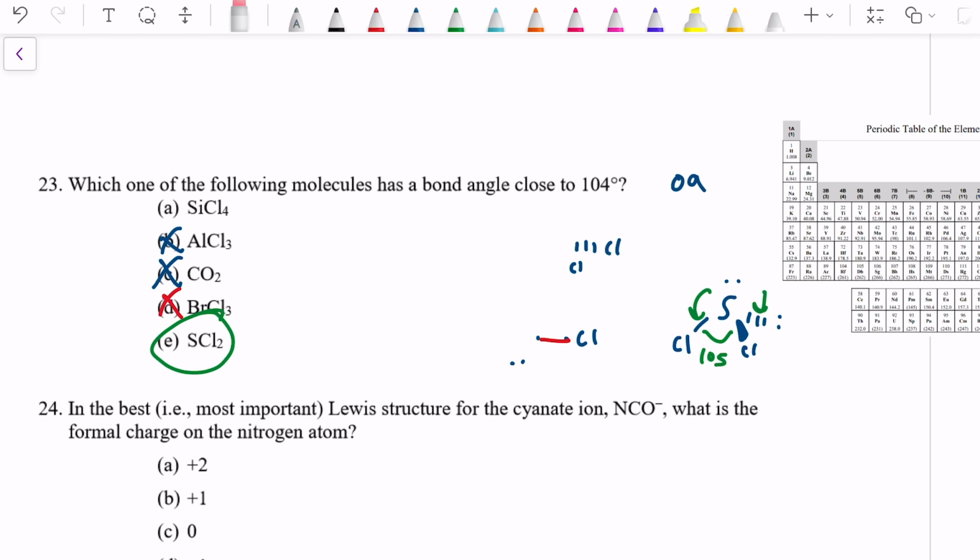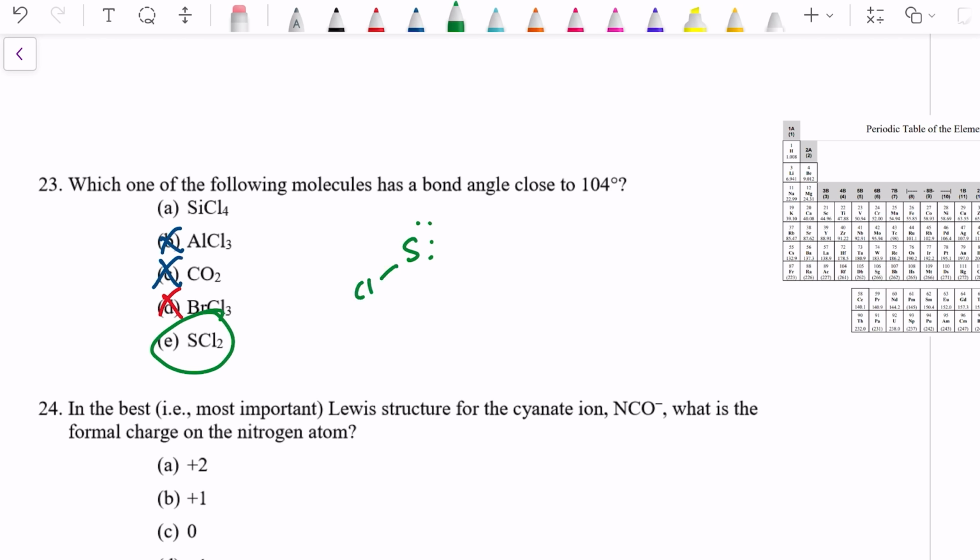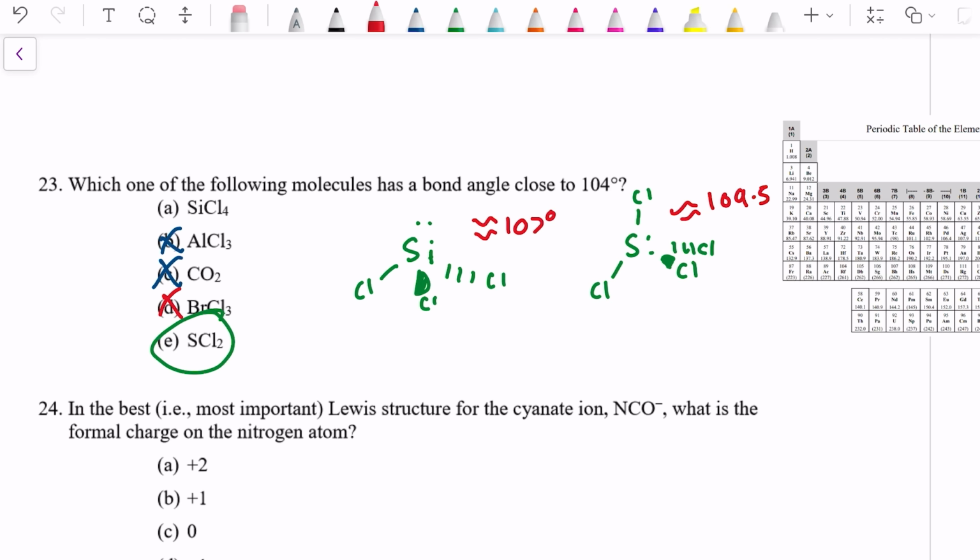Let me also generalize this real quick. Let's say I had silicon with 3 chlorides. This one would have about a 107 degree bond angle. Silicon tetrachloride, with 4 chlorines, will have about the 109.5 that we expect.